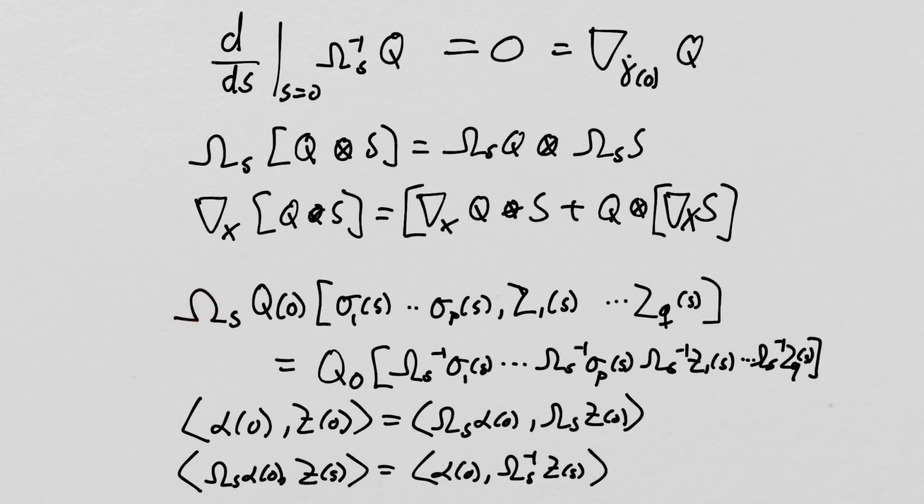Then this is our definition of how to parallel transport a tensor. We say that a tensor parallel transported from one point to another, a distance s away along a curve, acts on a bunch of vectors and covectors at that new point. It's the same as leaving the tensor alone and taking all those vectors and covectors and shifting them in parallel form, parallel transport, back to the location of the tensor. You better get the same value.